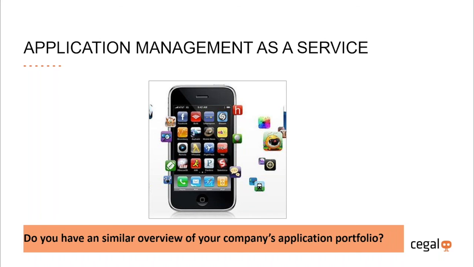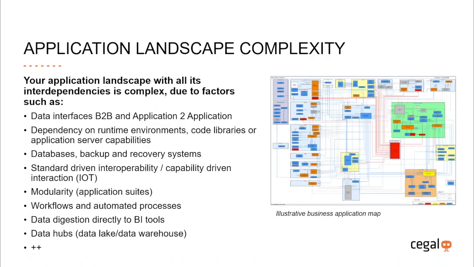The iPhone provides info and good control of the installed apps and things like data consumption, subscription costs, vendor and application versions, license information, and so on. So the question is, do you have a similar type of overview for your company's application portfolio? Typically, no, it's quite complex. The application landscape is complex, and it quickly is an "oh no" situation.